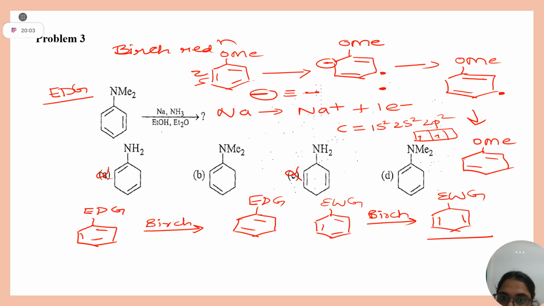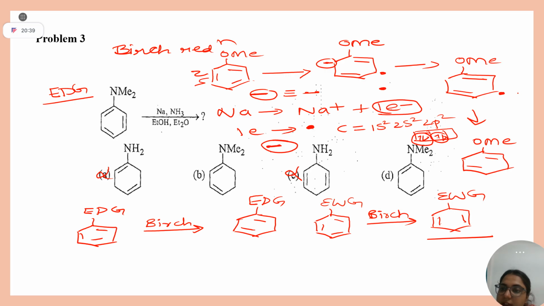Okay, student? That's why we say this is now filled. This is an electron pair. Whenever you have one electron, that is nothing but a radical. One electron means radical. Two electrons means an electron pair. That is your bond, that is your negative charge. Is this basic concept clear to you?